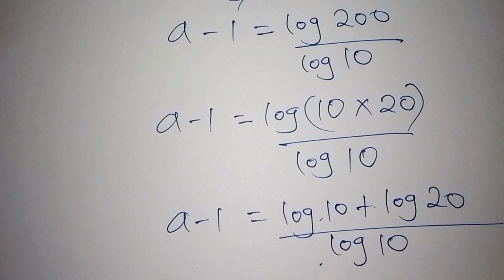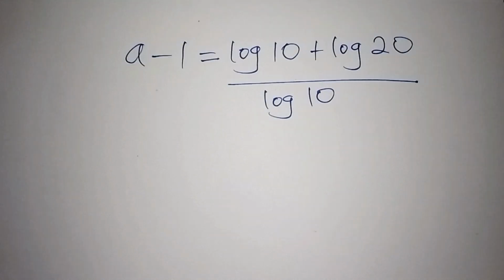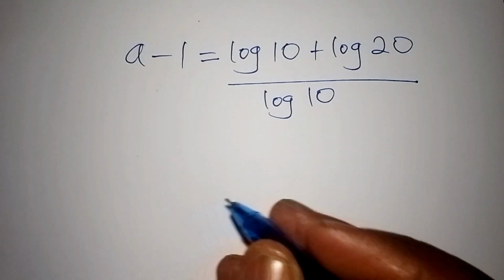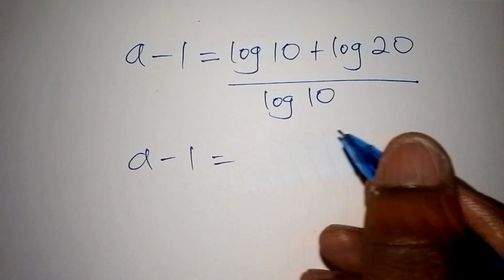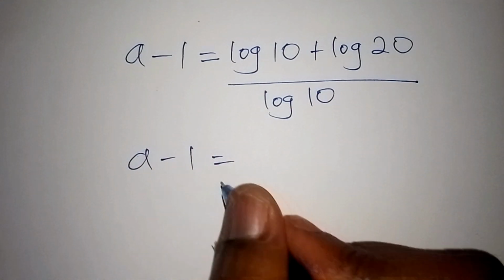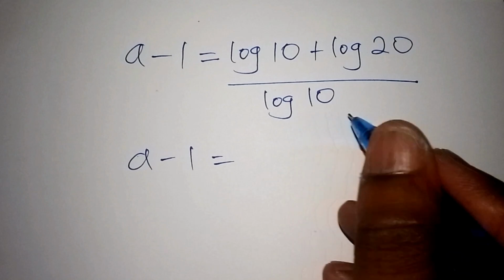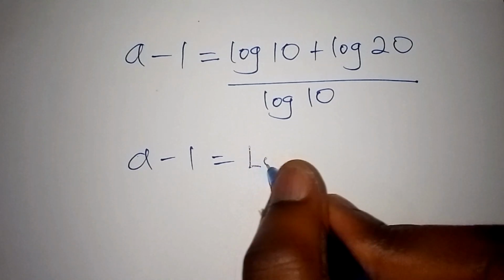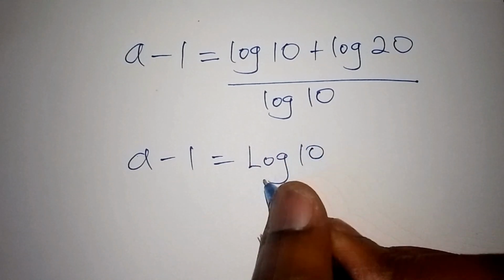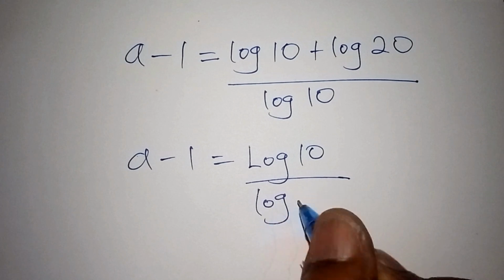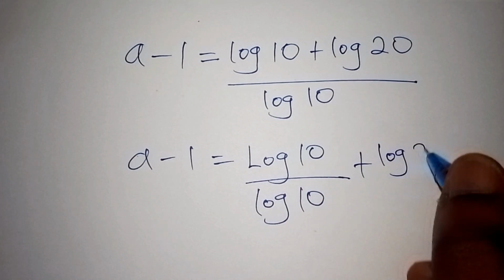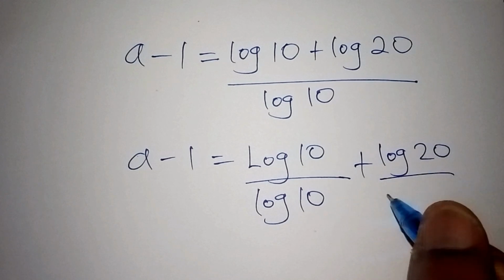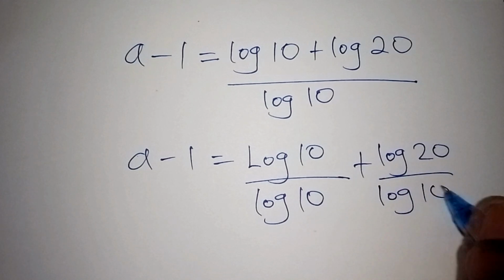So from here now we can go ahead and say that a minus 1 is equals to, so let's split the whole of this equation by dividing both sides by the log of 10. So here now we shall have the log of 10 all over the log of 10, plus the log of 20 all over the log of 10.